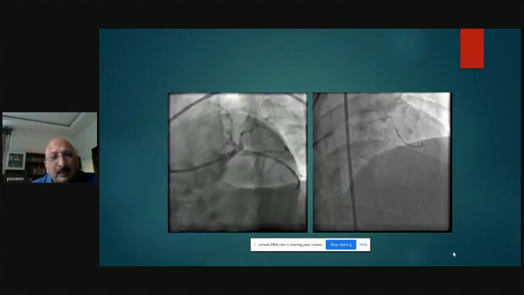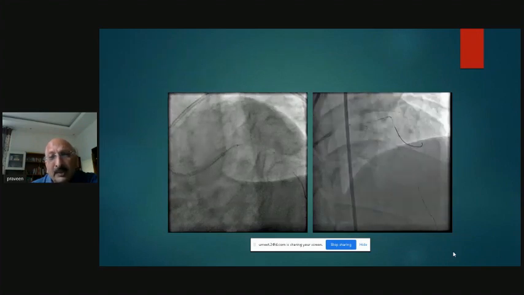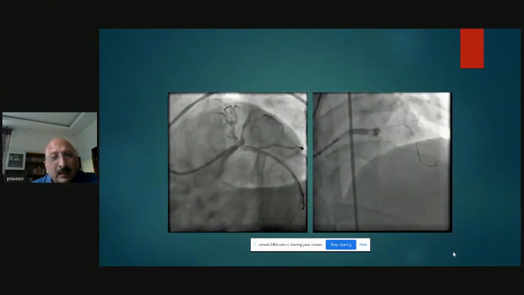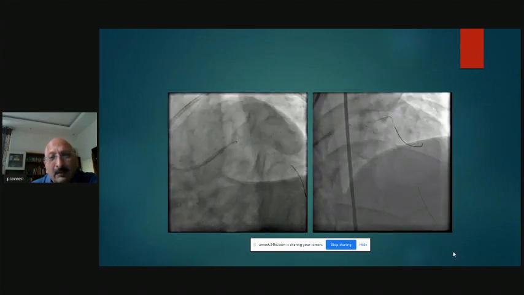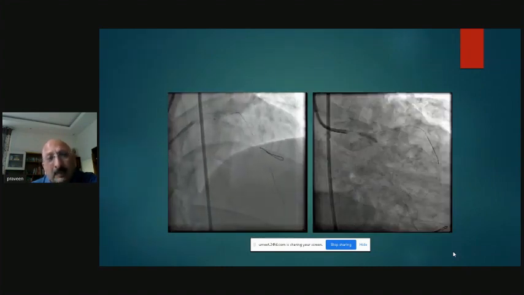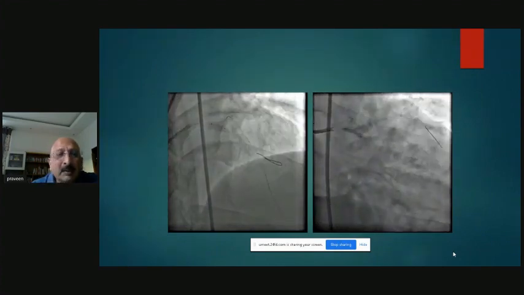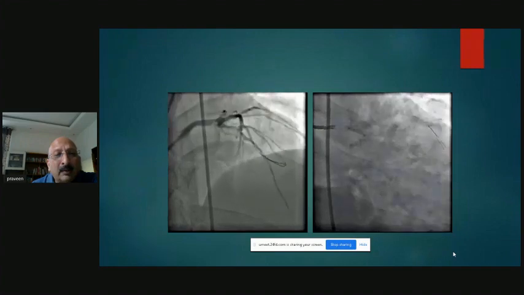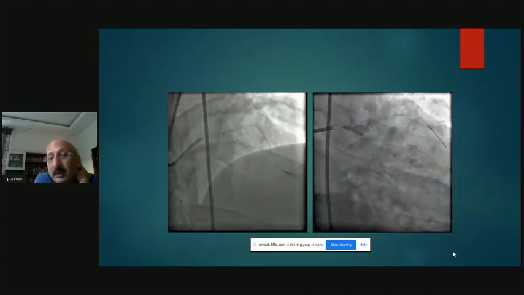You can see that somehow we were able to put two wires, one in the LAD and one in the circumflex, and these are, I think, the BMW wires. Then we planned to do the LAD first because it was beyond this bifurcation and very calcified. So this will also give us some idea how the balloons will cross.